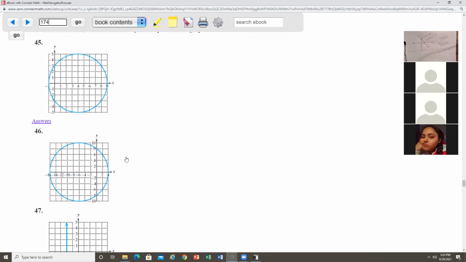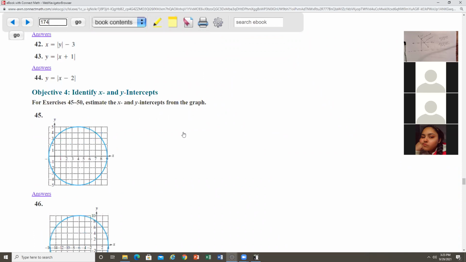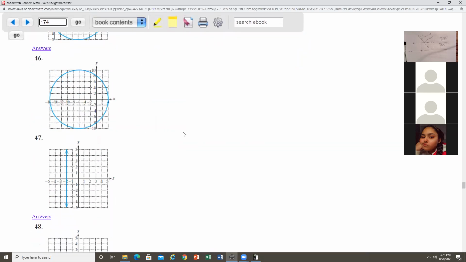This gives us the graph of some sort of relationship involving x and y, and they want us to estimate the x and y intercepts. So what would be the x-intercepts of this circular graph in blue here? The x-intercepts are the points of intersection between the graph and the x-axis.